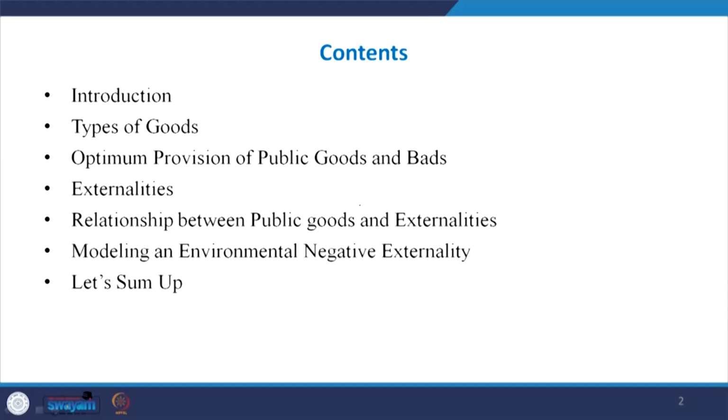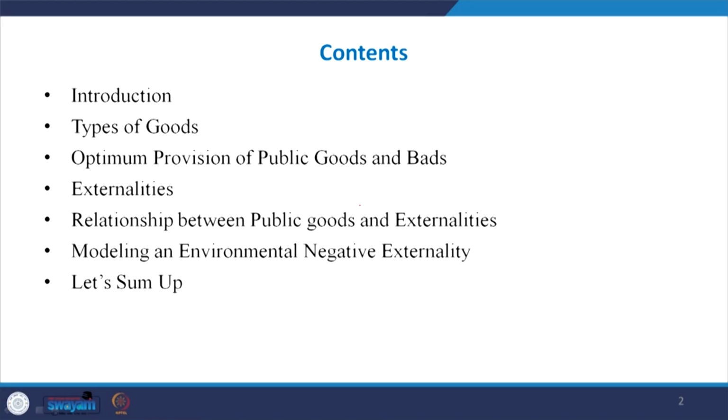First, I will introduce the topic, then I will explain the different types of goods, then optimum provision of public goods and bads. Externalities will also be discussed, and we will try to establish the relationship between public goods and externalities.